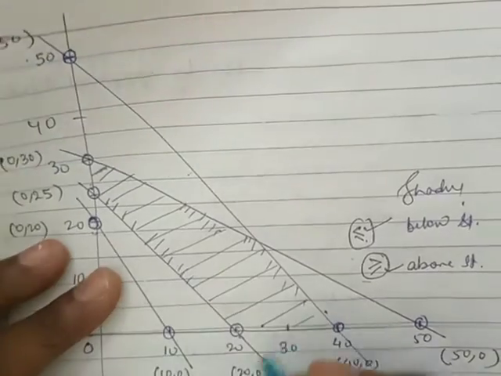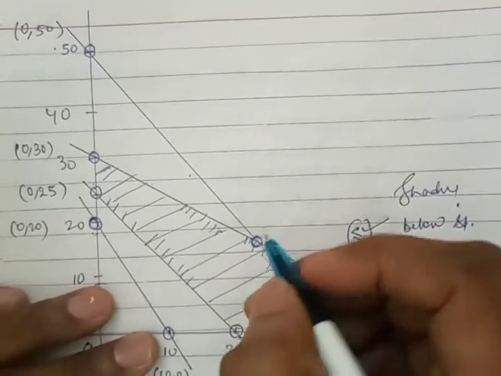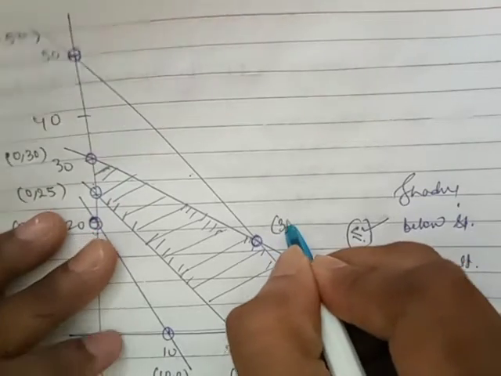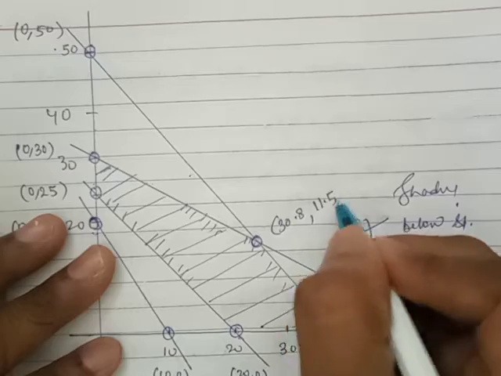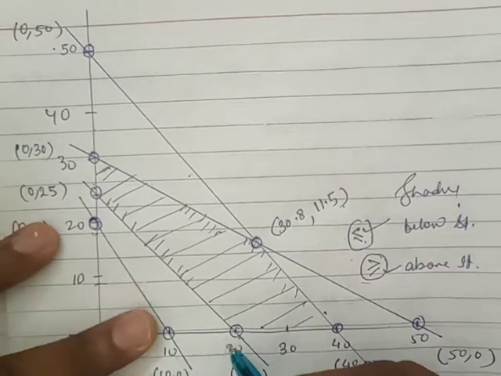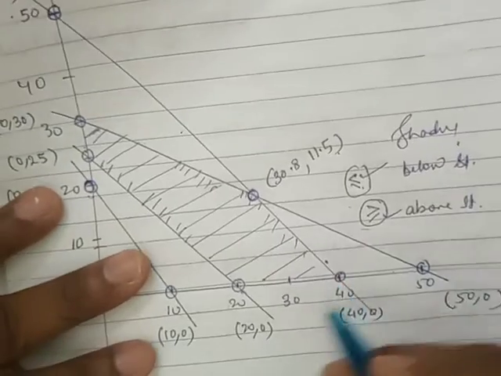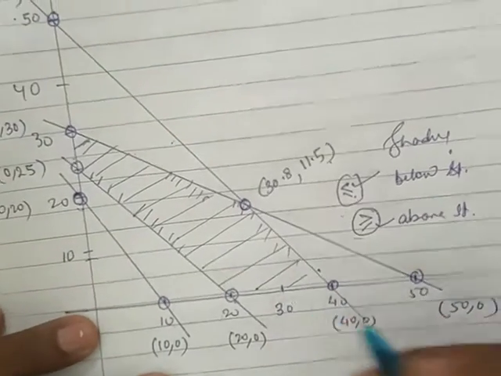And now we have this shaded region. This corner point you have to locate on the coordinate axis, and this is 30.8 and 11.5. The others are on the axes, so we already know the coordinates. So now just do the labeling.